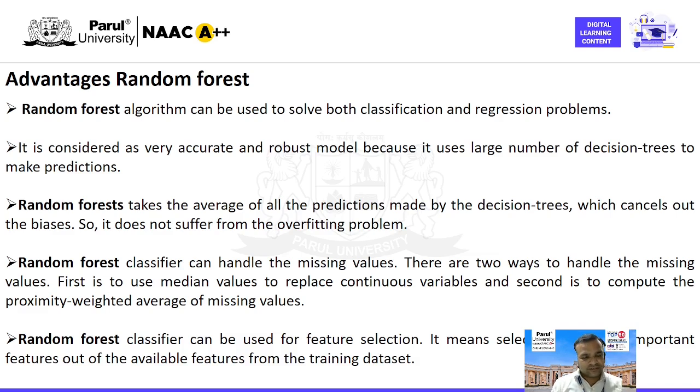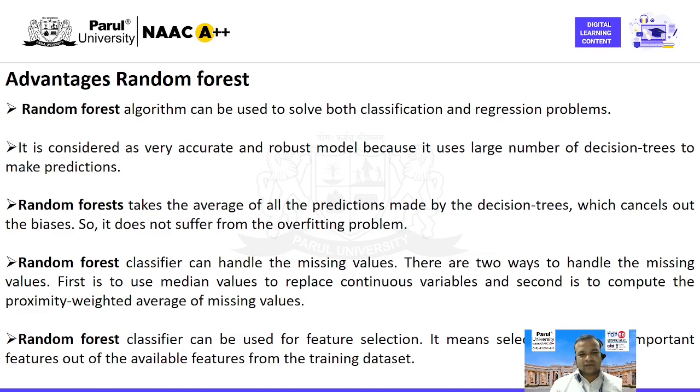There are some advantages of this method. The random forest algorithm can be used to solve both classification and regression. It is considered a very accurate and robust model because it uses a larger number of decision trees to make predictions with high accuracy.